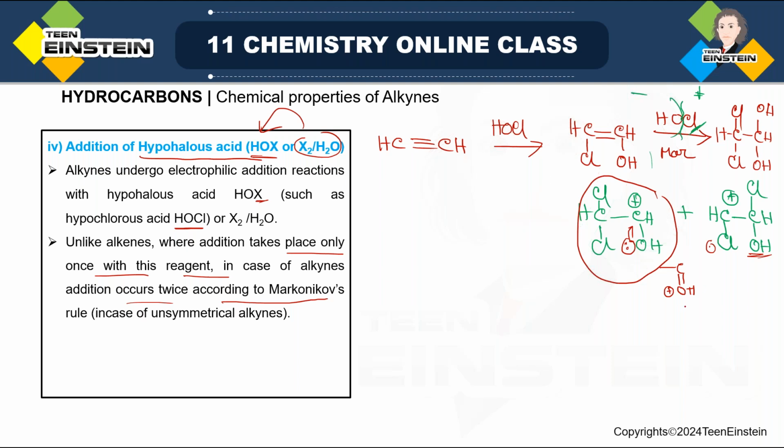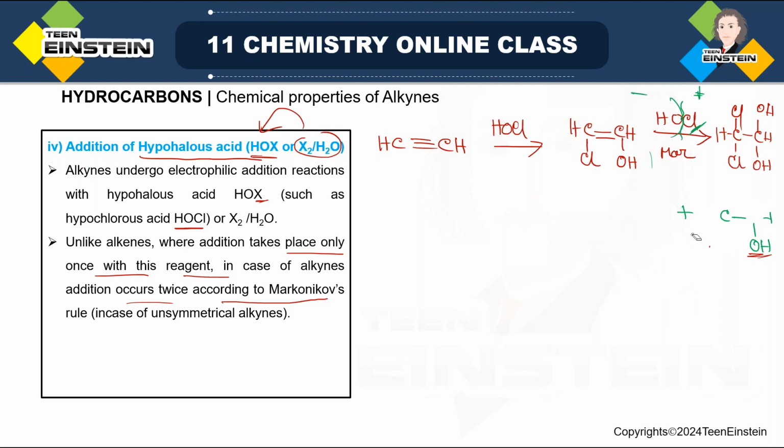Okay, but remember, when a single carbon contains two OH groups, what happens? This type of molecule becomes very unstable, and ultimately the OH bond is broken. There is C double bond O, and this OH is removed.